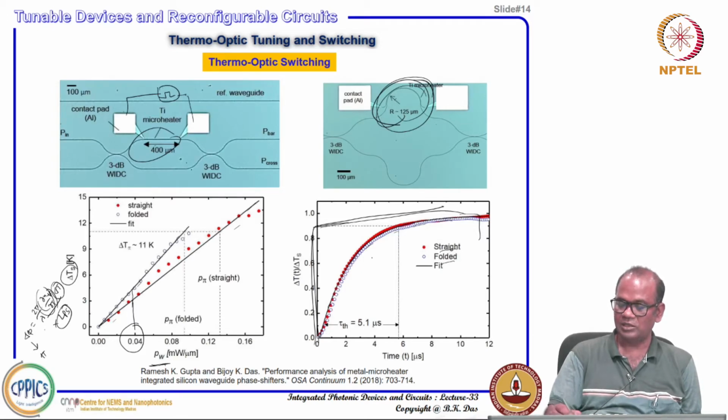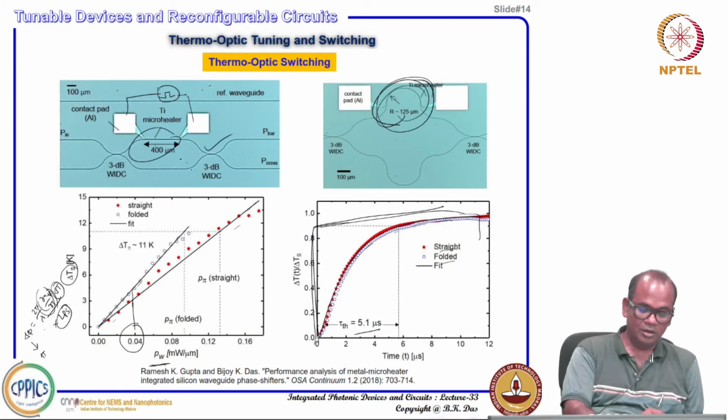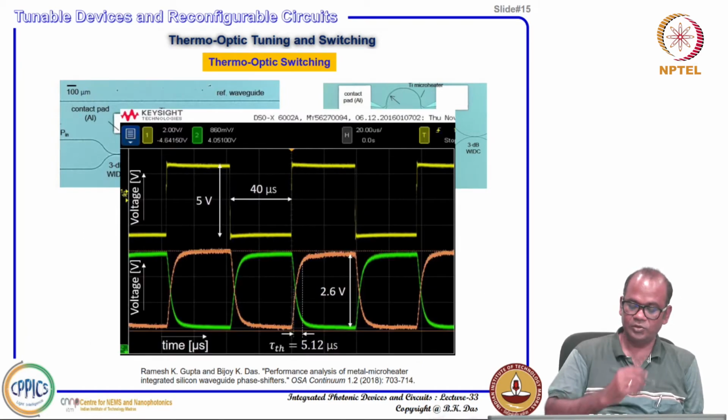We have found that the rise time for both types of structure is about 5.1 microsecond, around 5 microsecond or so. Okay. Now, this is the result. Here again you see the voltage, 5 volt, given directly from the oscilloscope, and one is for the cross port and bar port, shown there.